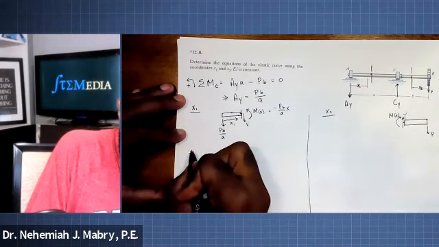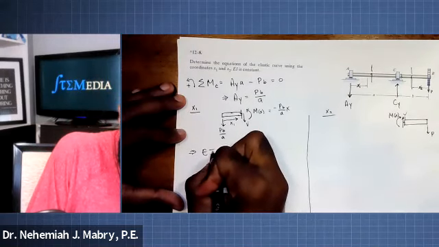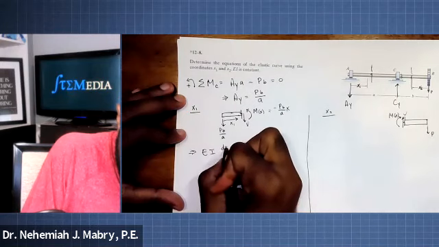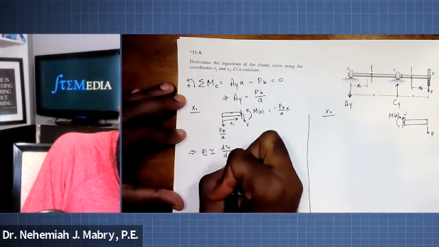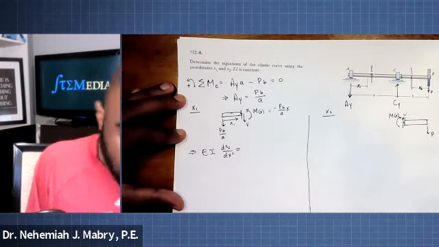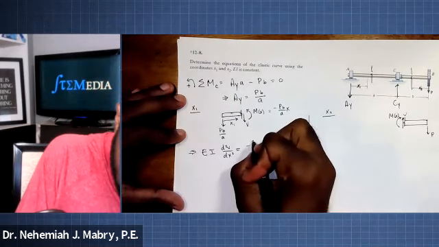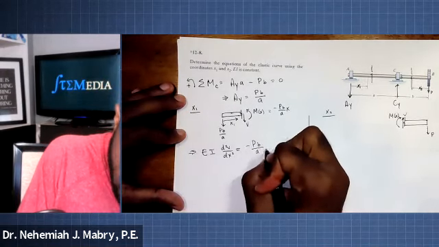So for our equations, we will write EI d squared v dx squared is equal to negative PB over A times x.